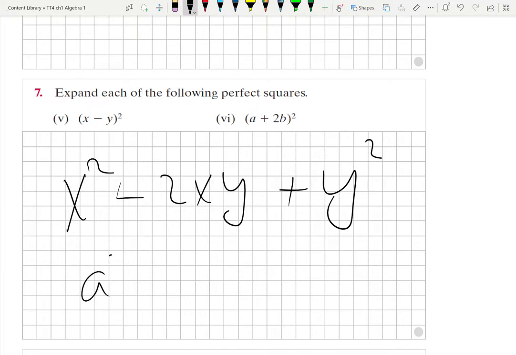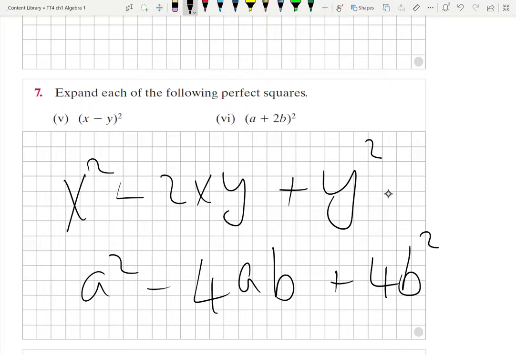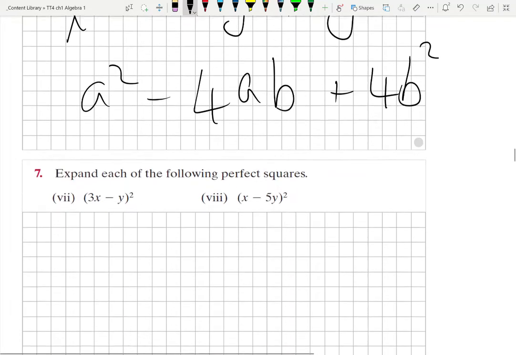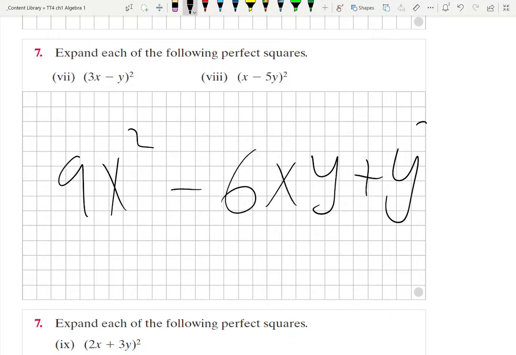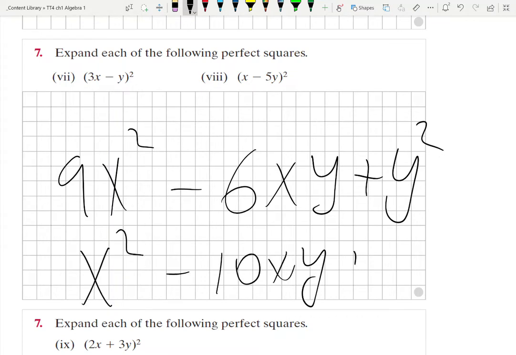Another perfect square. Now 2 times 2 is 4, AB, and then you've plus 4b squared because you squared a 2 and a b. Always a perfect square ends in positive.